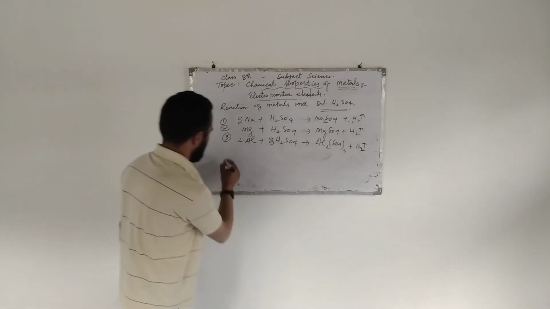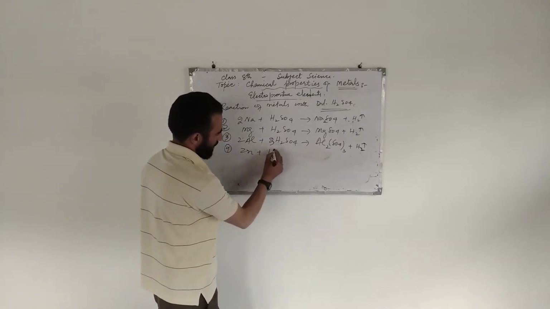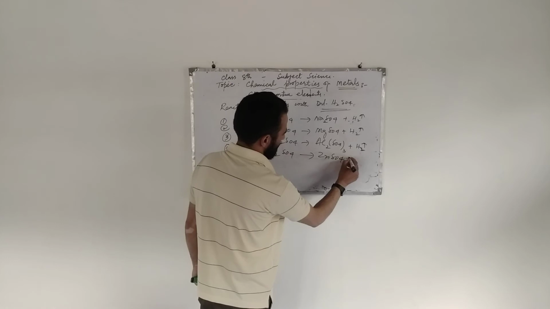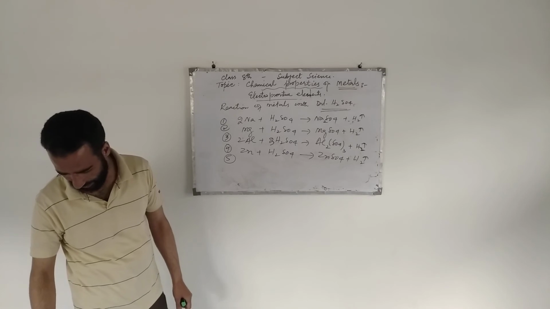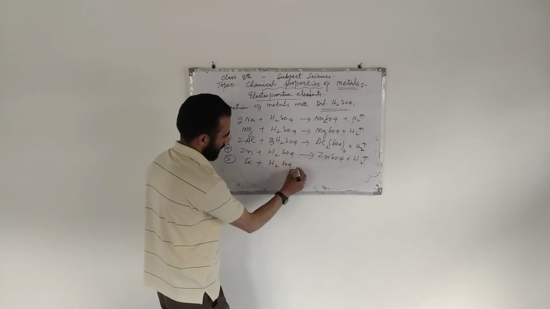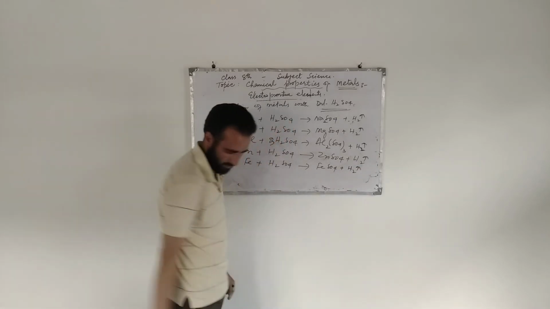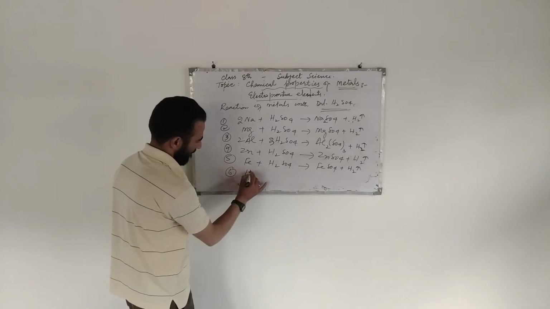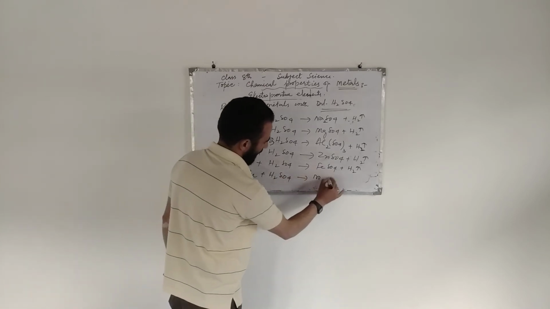Next, if we take zinc plus H2SO4, it gives zinc sulfate plus hydrogen gas. And now next, if we take iron plus H2SO4, it gives iron sulfate plus hydrogen gas. And again, if we take copper plus H2SO4, no reaction.